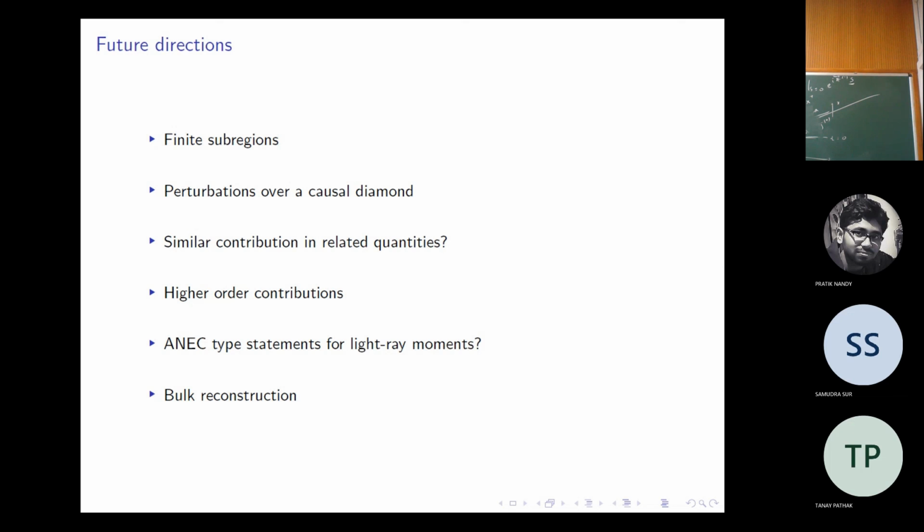But what we are seeing is that if you consider some double commutator and its correlation functions and so on, it's actually not zero, which you would expect purely from causality.